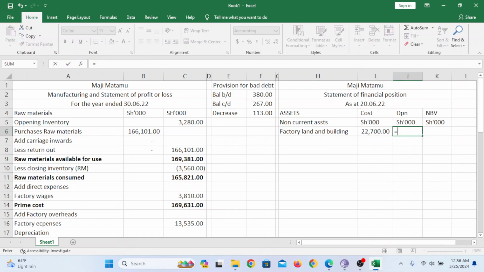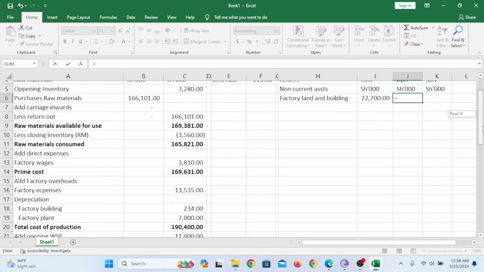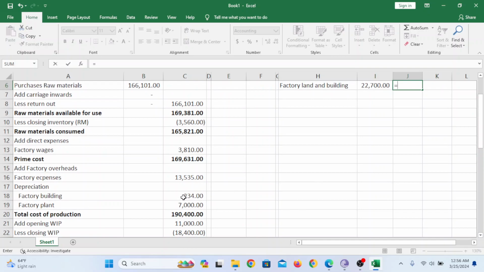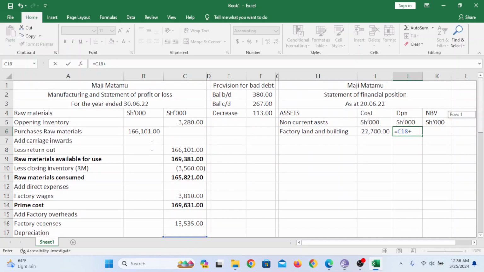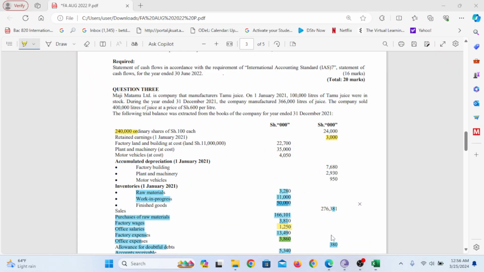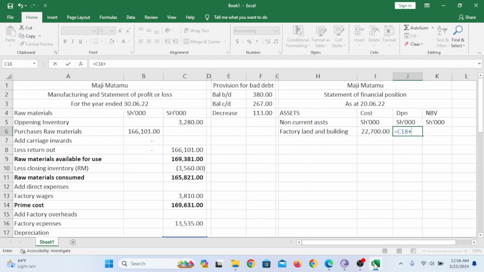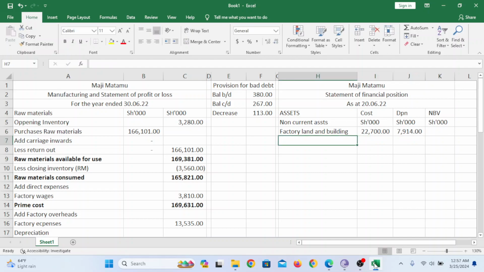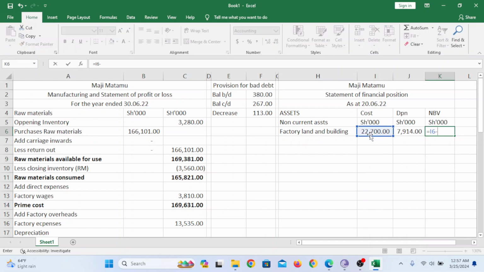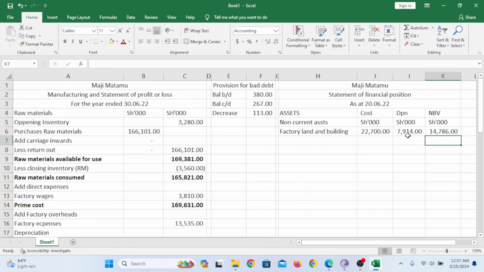For depreciation, we want the current year depreciation of factory building here. This is 234 plus the other accumulated depreciation in the trial balance for factory building, which is 7680. So net book value, we take the cost minus the accumulated depreciation.